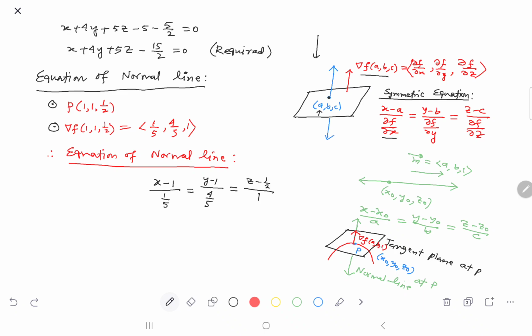So just using calculus, we calculate this gradient vector that is normal to the tangent plane. I mean, it makes a right angle with the tangent plane, and so it is parallel to the normal line, right?